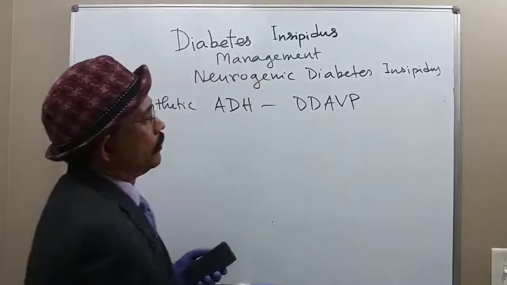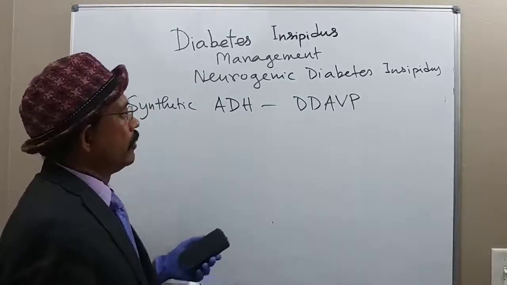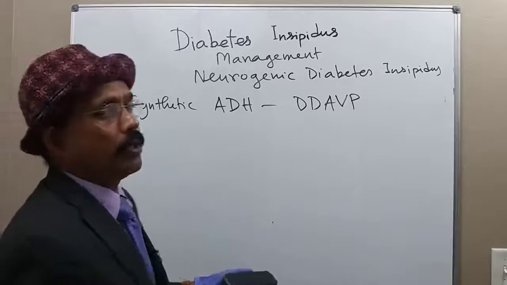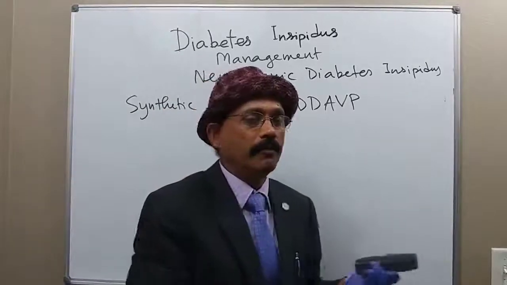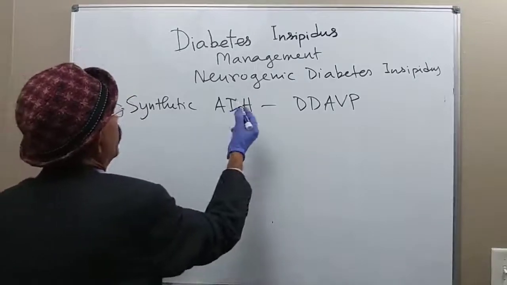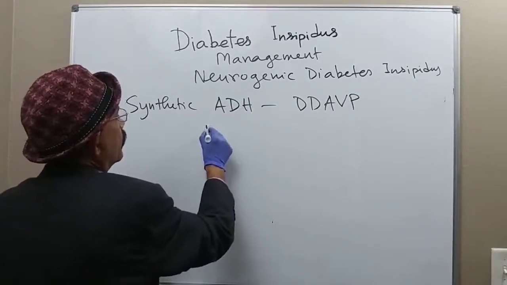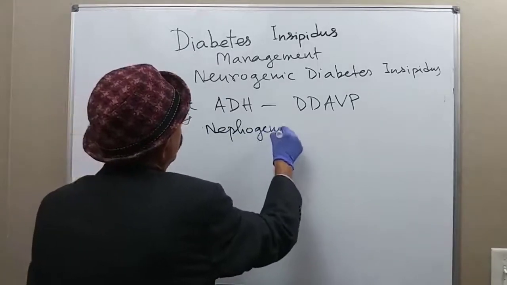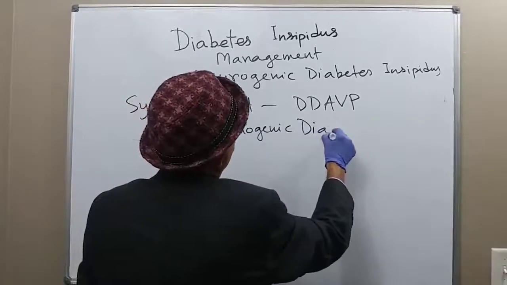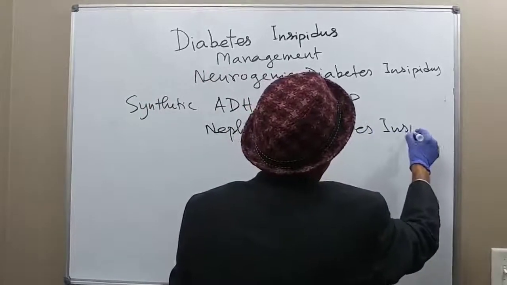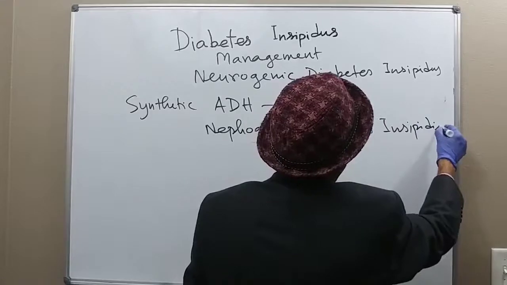We can give DDAVP, synthetic ADH. It may be given intranasally or intravenously, depending on the situation. What is the treatment or management for nephrogenic diabetes insipidus?